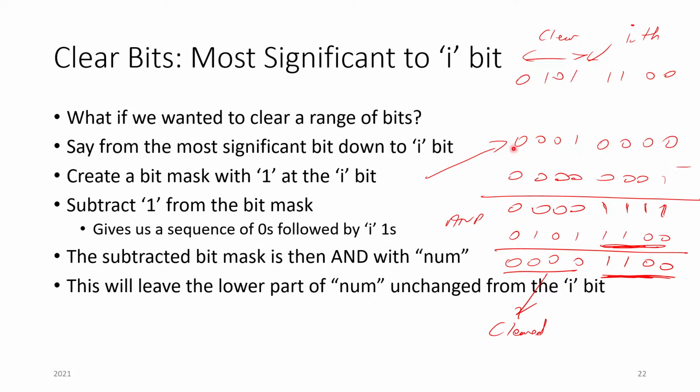And if we subtract 1 from this, we get the bit mask that is required, because all of these will just become zeros, and all these bits here will become 1 as a result. So this is a very quick way to set the bit mask.